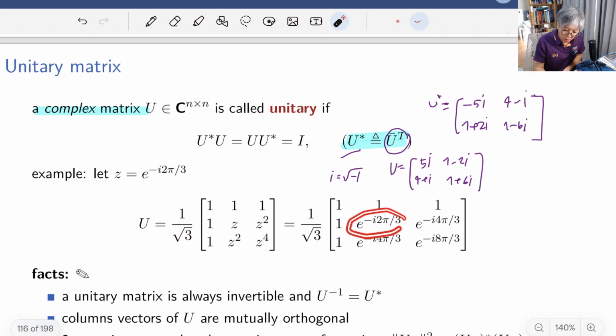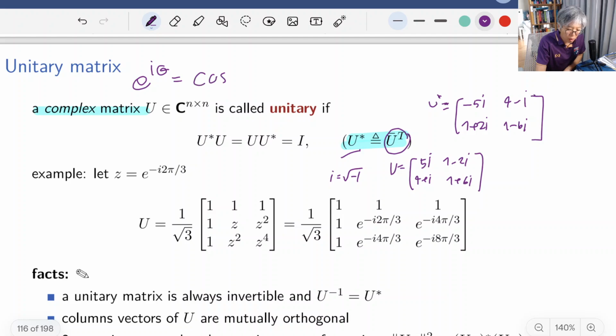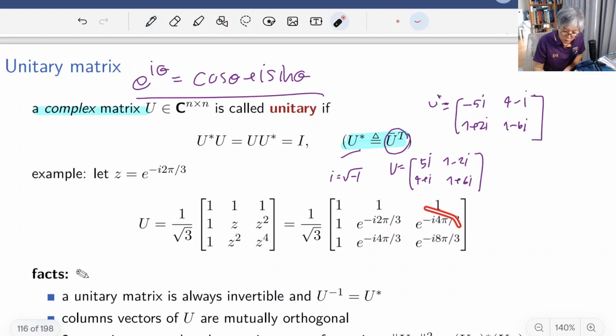I hope you understand the notation e to the i theta; by Euler's identity, you can find its value from this expression. In this example, please verify that if you take the star and multiply with U, that gives the identity matrix.